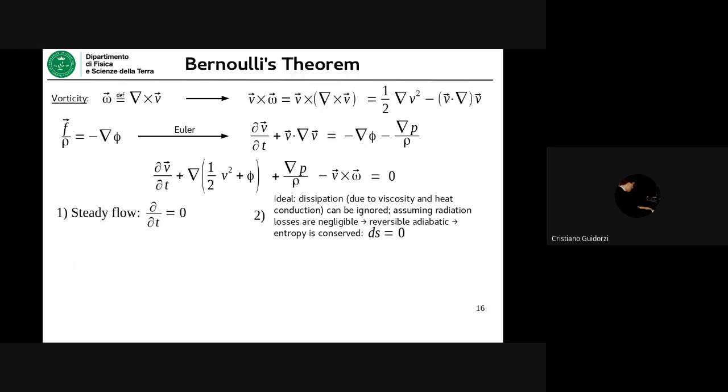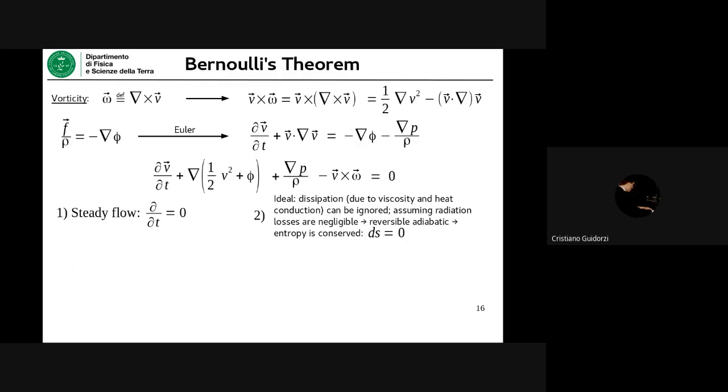And in addition to this assumption, we assume that radiation losses are negligible. You know very well the way a given thermodynamic system can exchange heat is either through viscosity, heat conduction, but also by radiating.